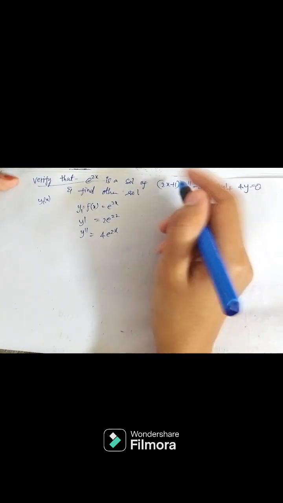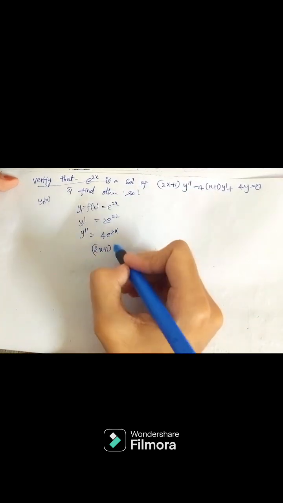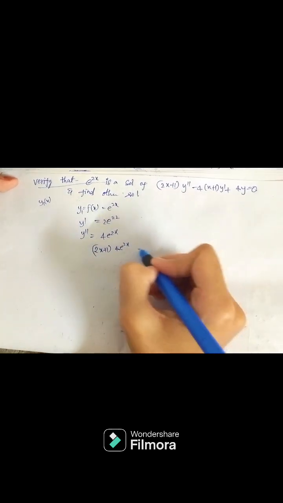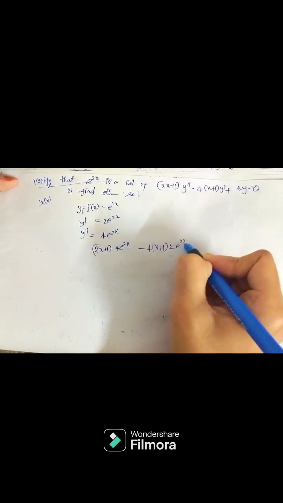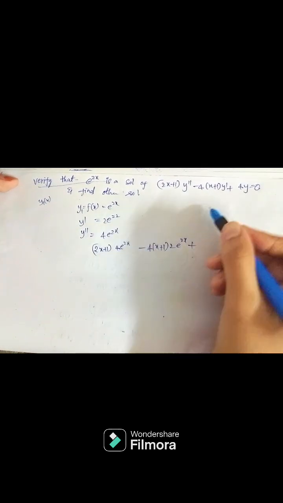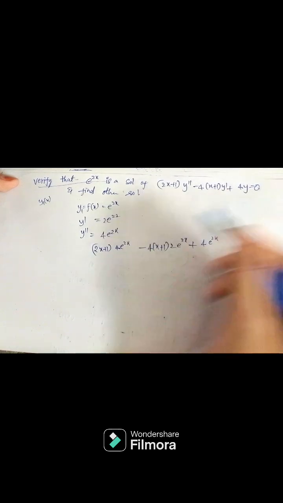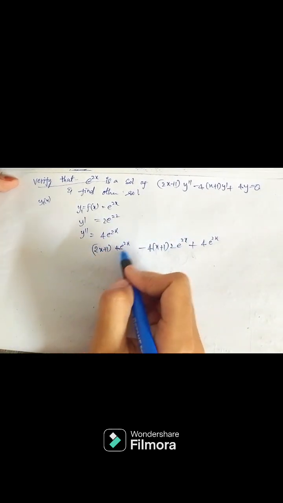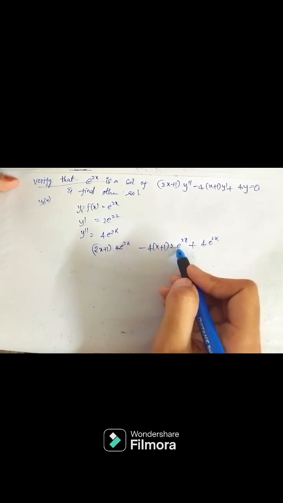So (2x plus 1) into y double dash is 4 e power 2x, minus (4x plus 1) into y dash, which is 2 e power 2x, plus 4y, 4 into e power 2x. Now solve them. So 4 e power 2x into 2, and here you get 4 e power 2x minus 2.